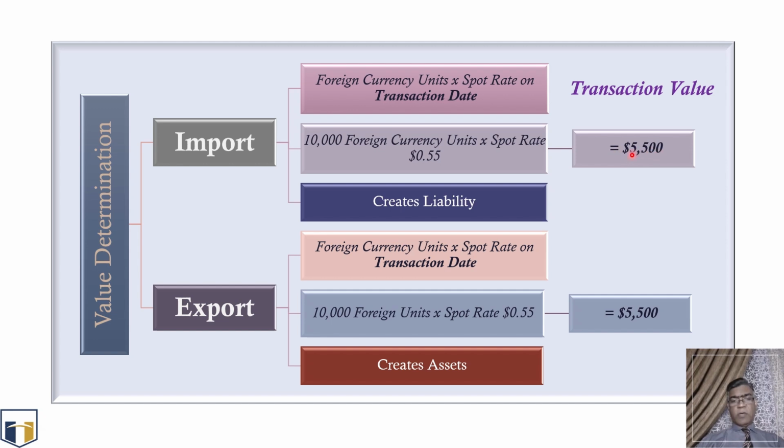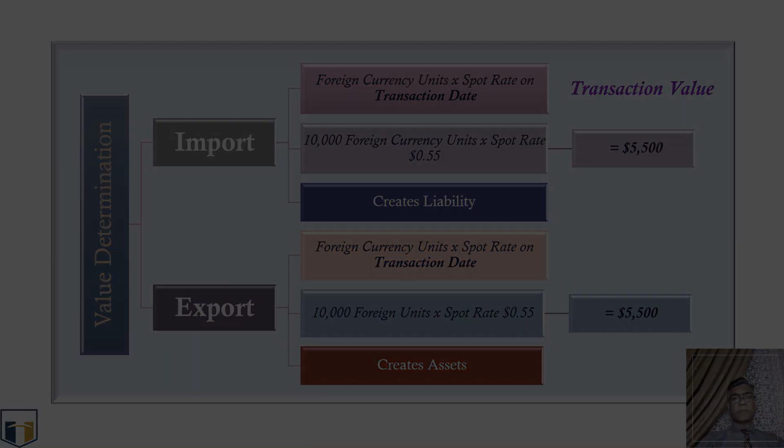That means you need to record this transaction for the value of 5,500. Remember, import creates liability. The other one, export, is a similar transaction, but you are selling in this case. The value is similar, but it creates an asset, because export creates accounts receivable, right?